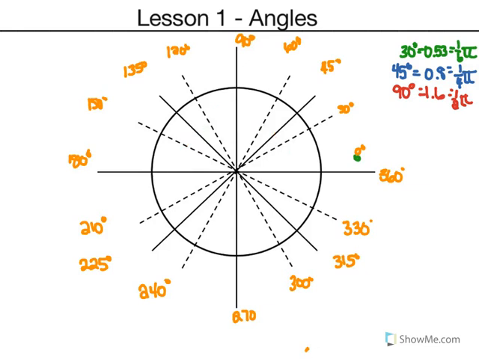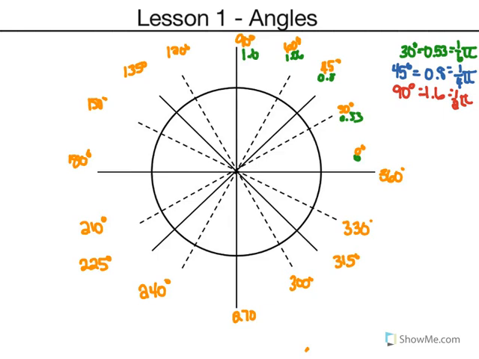So 0 is 0 radians, 30 degrees is 0.53, 45 degrees is 0.8, and 60 degrees would be 0.53 times 2, which is 1.06, and 90 degrees is 1.6.